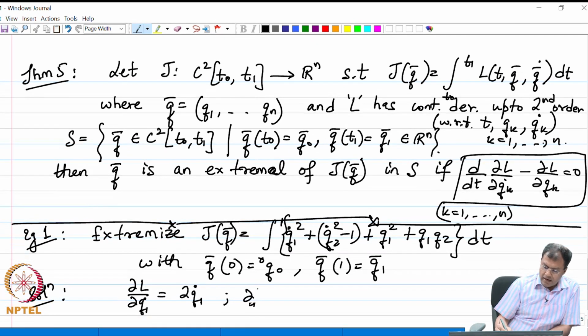Similarly, del L del q2 dot: differentiating with respect to q2 dot, we get 2 q2 dot. Well, we do not have a square here, we have a square here, that is the problem.